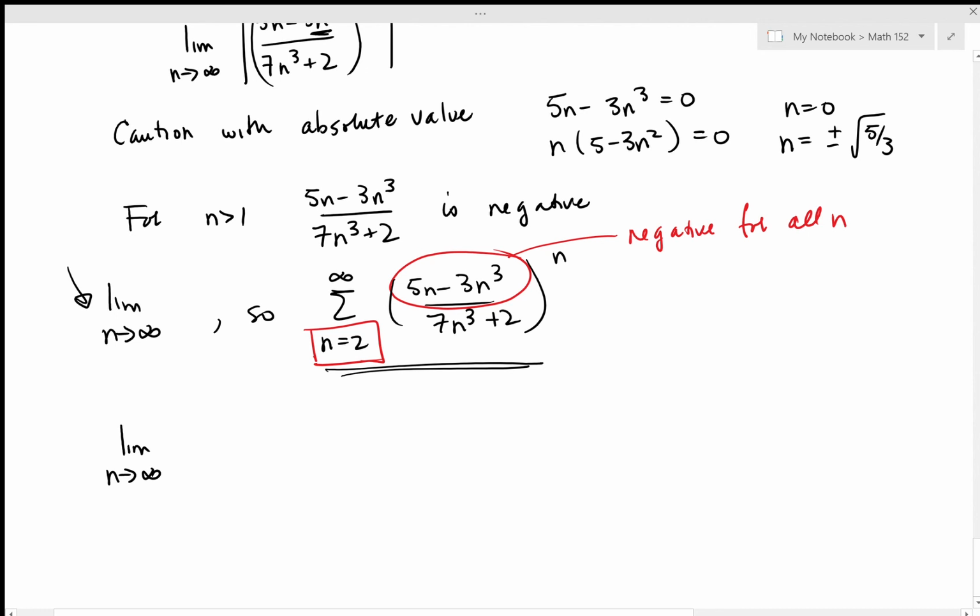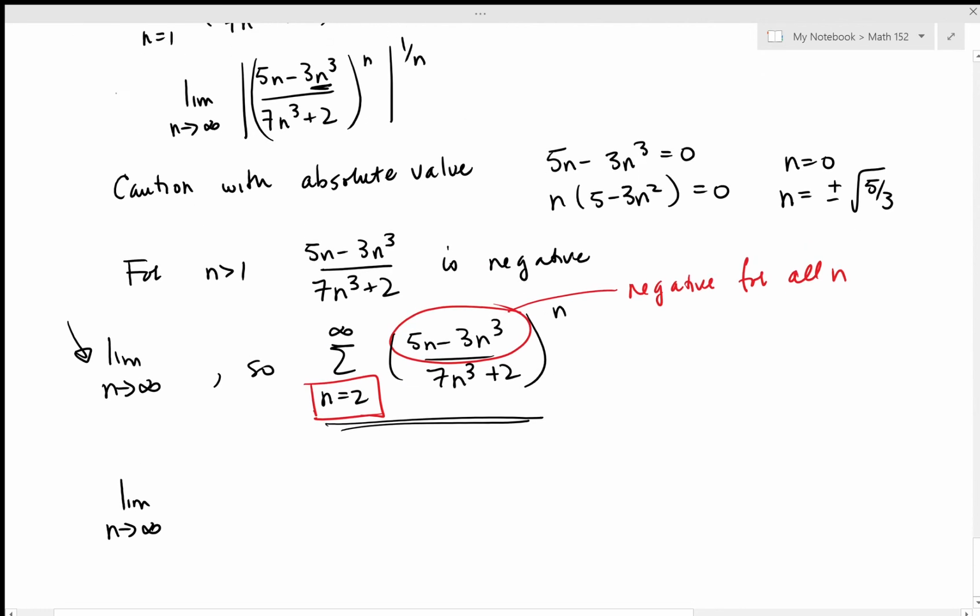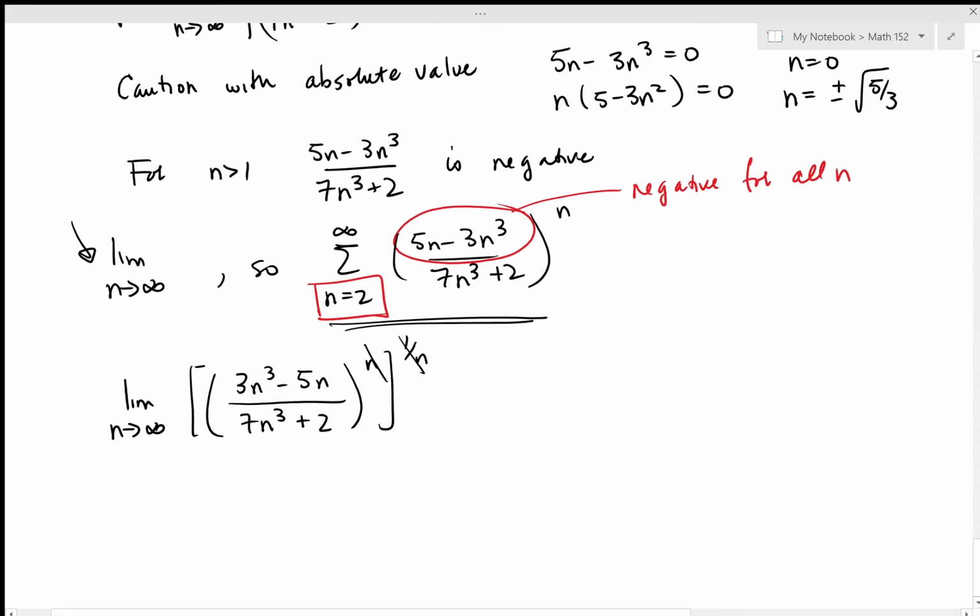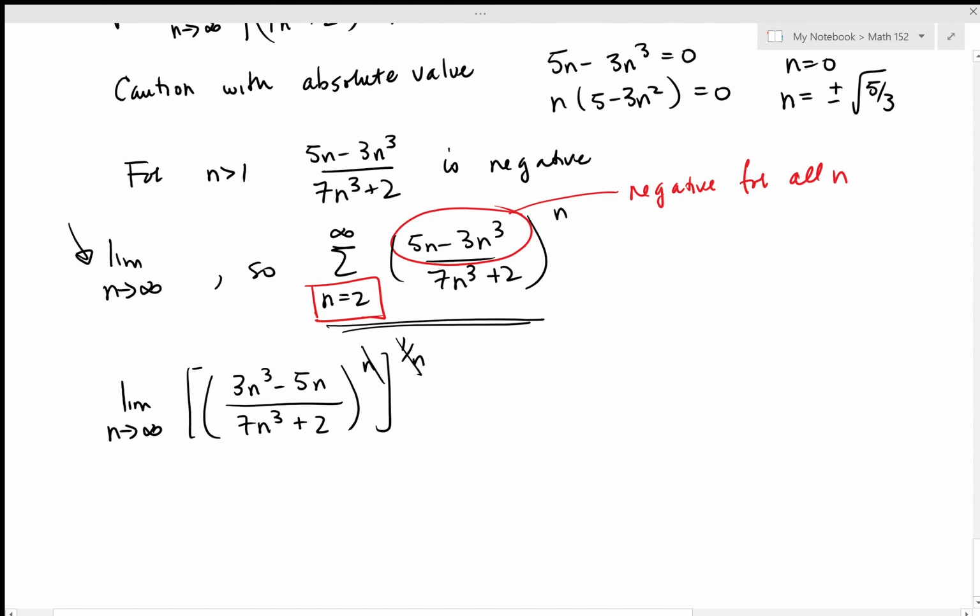The thing is negative, so I take the negative, and I get 3n cubed minus 5n divided by 7n cubed plus 2. So I've reversed the order of the terms in the numerator, and that's to the n, and then the whole thing is to the 1 over n. That allows this to cancel out, which is what you often want to see happening in the root test.